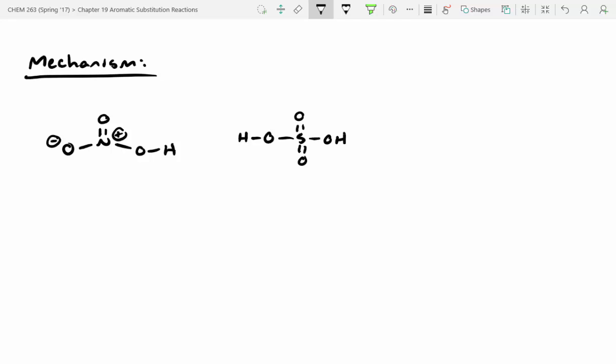Sulfuric. Sulfuric acid, if you think about the conjugate base, it can share the negative charge across a wide area. So sulfuric acid is kind of our benchmark for super strong acids. In this case, what's going to happen is the alcohol on your nitric acid is actually going to get protonated from sulfuric acid. A stronger acid wins here.